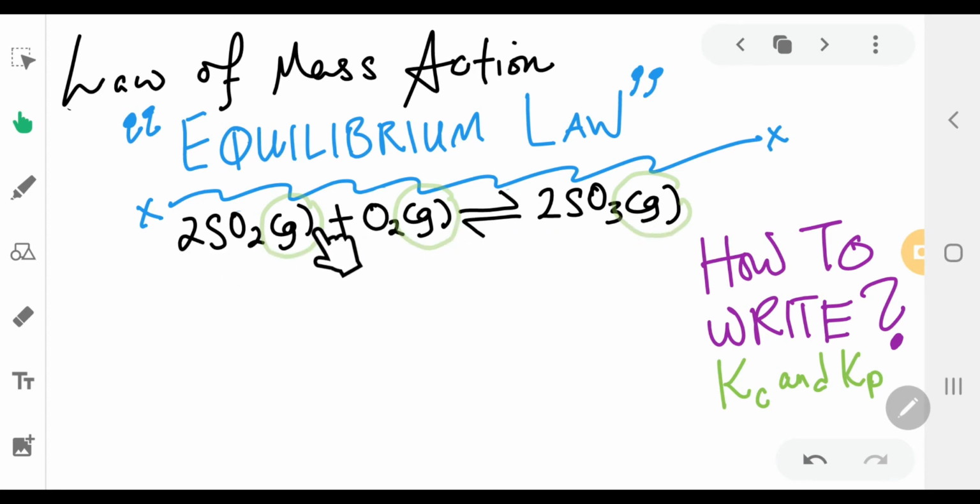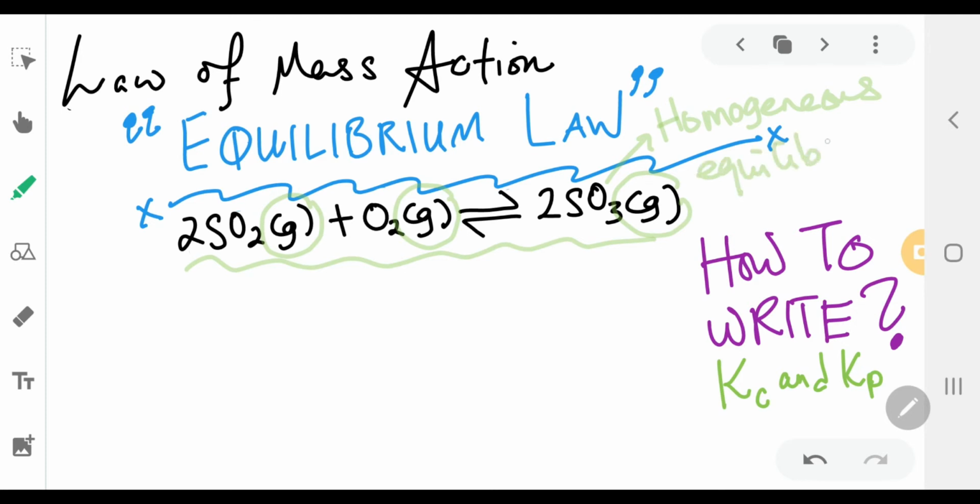So what do we call this reversible reaction then? Since all of them have the same phase, therefore this is what we call homogeneous equilibrium, or homogeneous reactions, because they have the same phases.